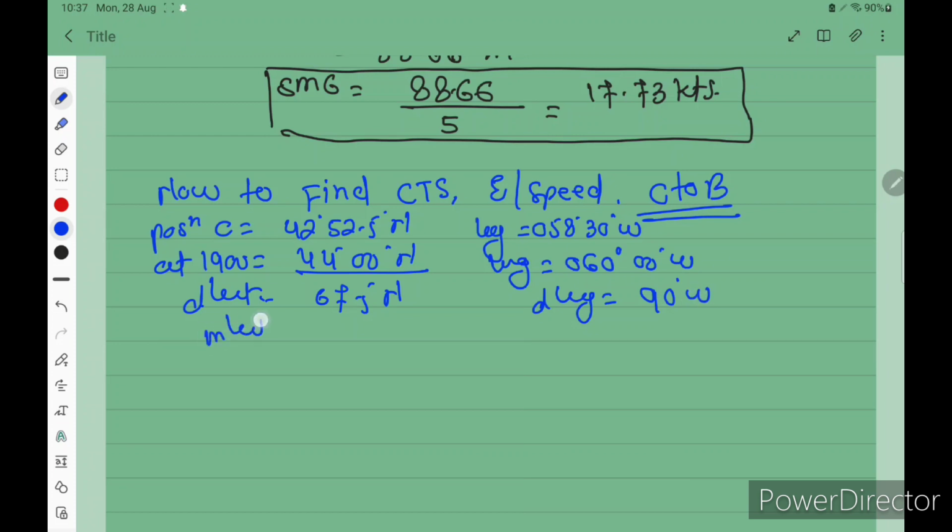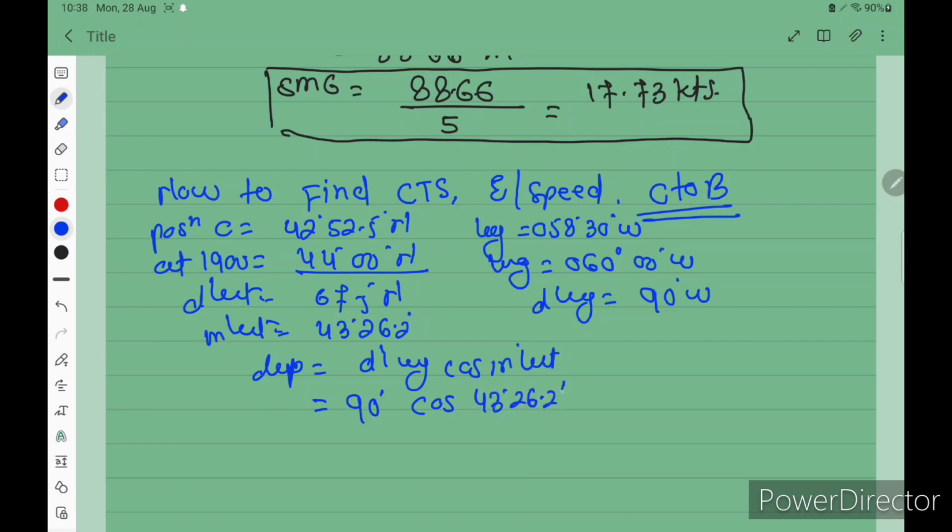So we need to calculate M latitude, 43 26.2. Then we calculate departure, which is equal to D long cos M latitude. 90 cos 43 26.2, so we get the value 65.35 minutes.